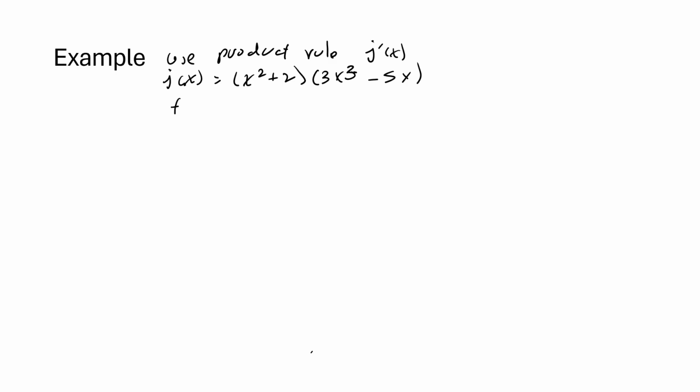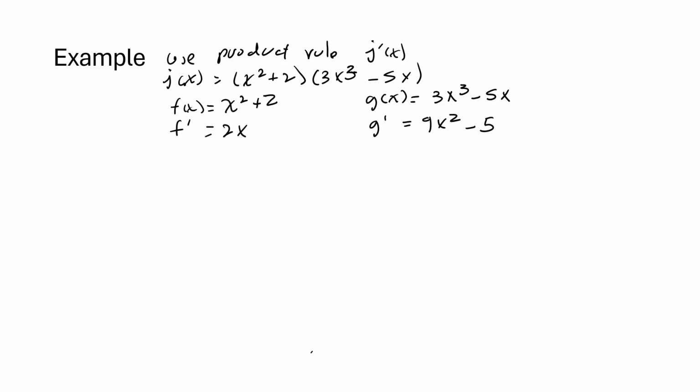So our f of x now is equal to x squared plus 2. Our g of x, in this case, is going to be equal to 3x cubed minus 5x. So f prime of x is just 2x. The derivative of 2 is 0. g prime is equal to 9x squared minus 5.